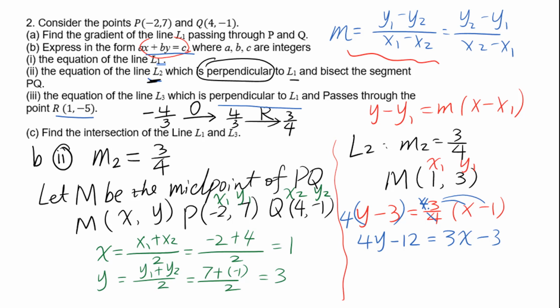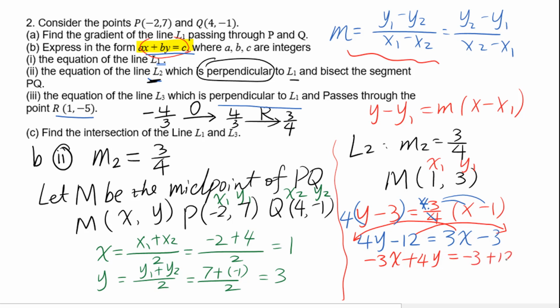Since we are looking for the ax plus by equals c form, we move the 3x to the left side. You will get -3x plus 4y. We move the 12 to the other side, equals -3 plus 12.